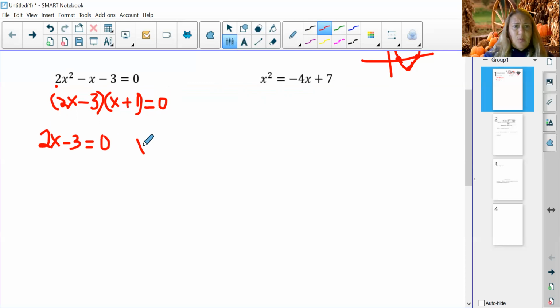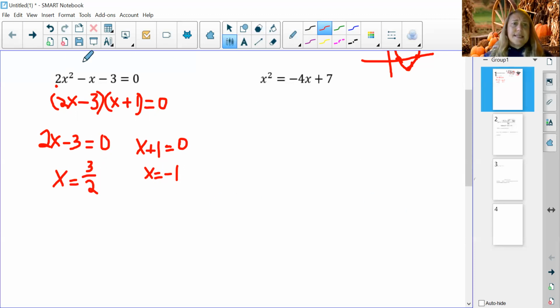You know, obviously this one, x plus 1 equals 0. We can all do that in our head. So we know one of the solutions is x equals -1. Okay, but then for this one, I would add 3 to the other side. I would divide both sides by 2, and I get x equals 3/2.